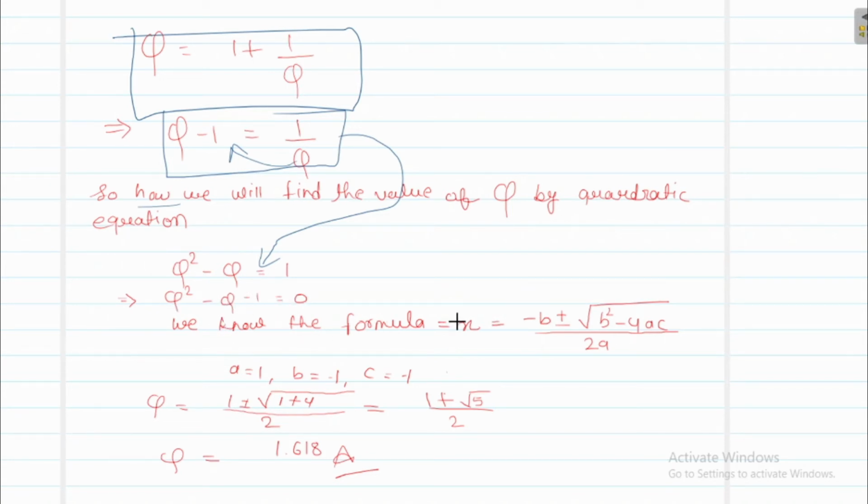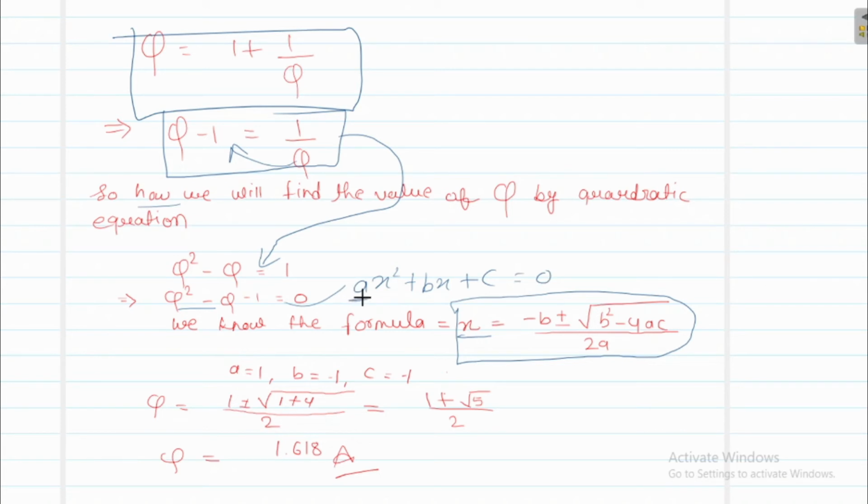So we know the basic quadratic equation solving formula: x equals minus b plus minus under root b square minus 4ac upon 2a. We will compare this equation with the general quadratic equation ax square plus bx plus c equals 0.